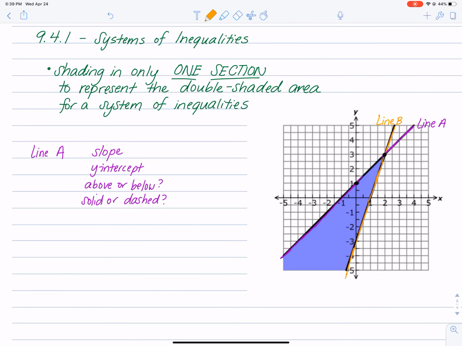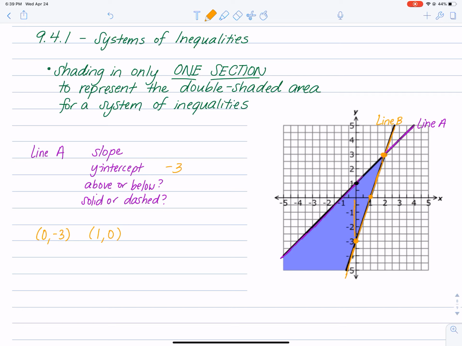So here we go. I'm probably going to choose two different points. I'm going to choose that same point, (2, 3), and then in this case, I could either choose (1, 0), or it looks like (-3, 0) would also work to figure out that slope value. So I think I'll use the y-intercept, because that's really convenient. And then of course, the other coordinate, so maybe I might even just use (1, 0).